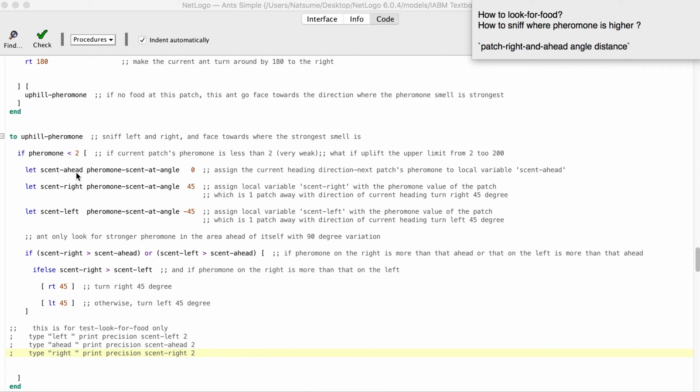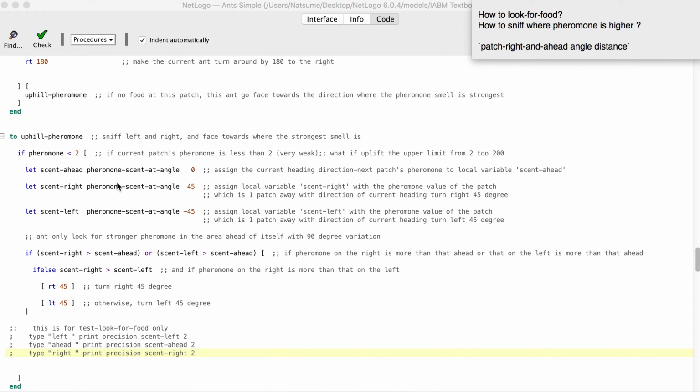First, we take the patch one distance away from where the ant is standing, just ahead of us. We find out this patch's pheromone, and give this value to the local variable center head.